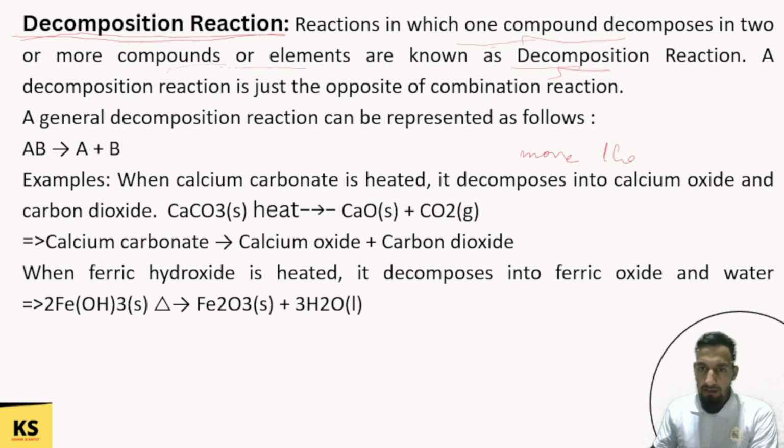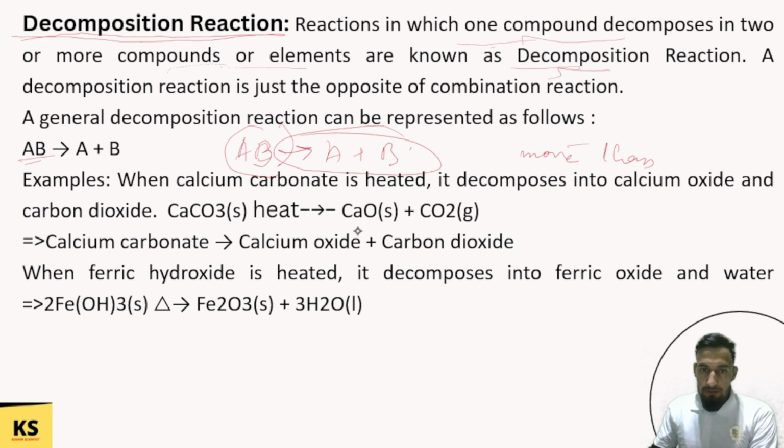The reactant is only one here, and we say that for general, when we have a reactant AB, and when this decomposes, this gives us some products. We say that this type of reaction is what? This is a decomposition reaction, because the bigger compound has broken down into smaller components or compounds.